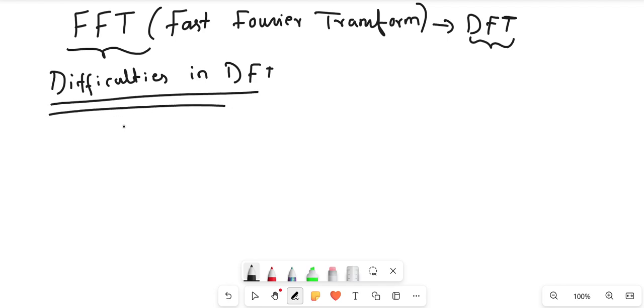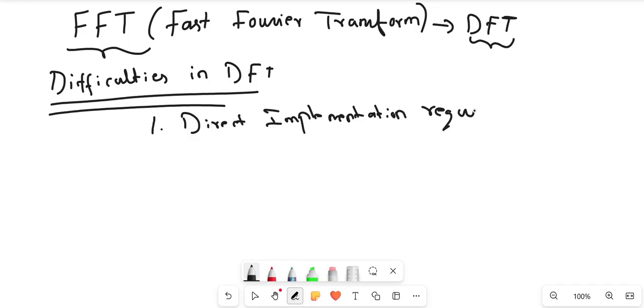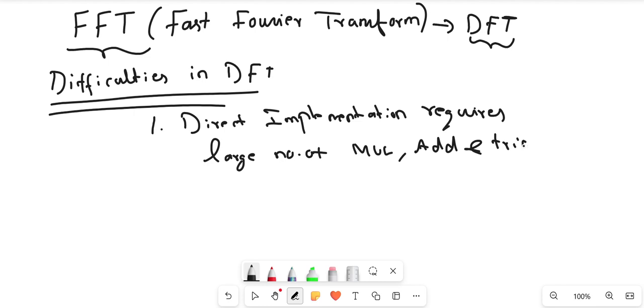The direct implementation of DFT requires a large number of multiplications, additions and trigonometric functions.